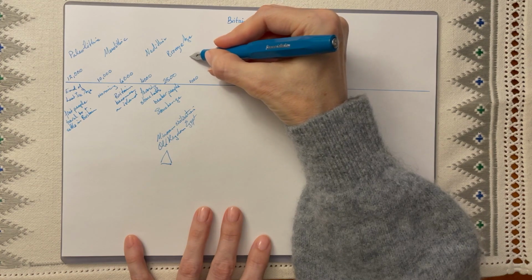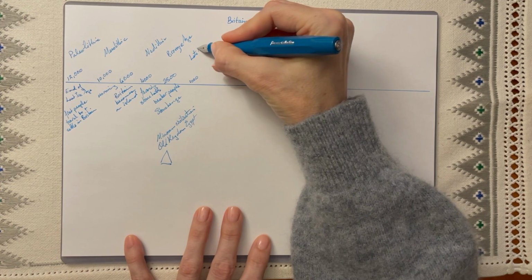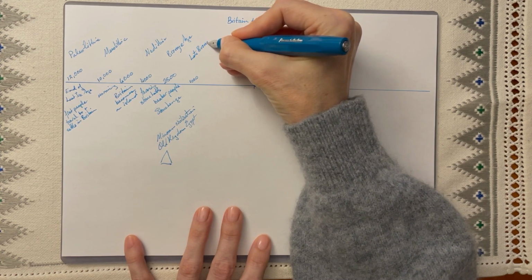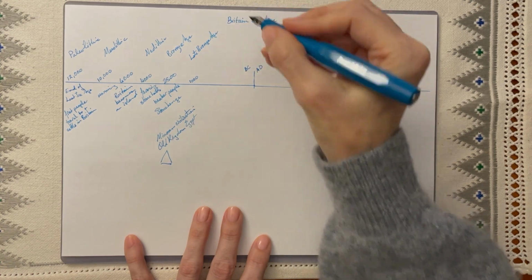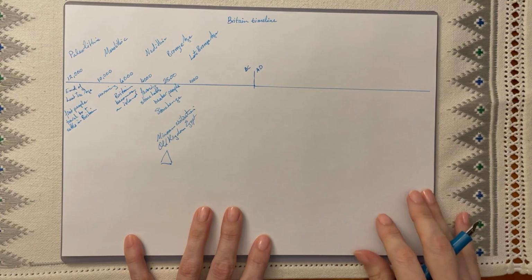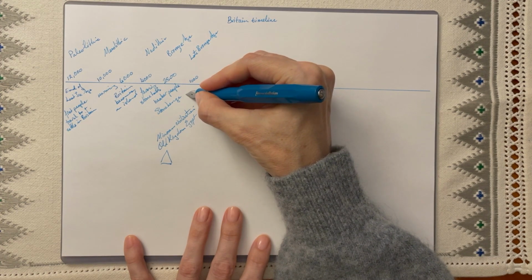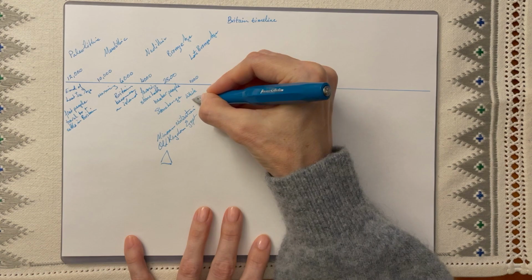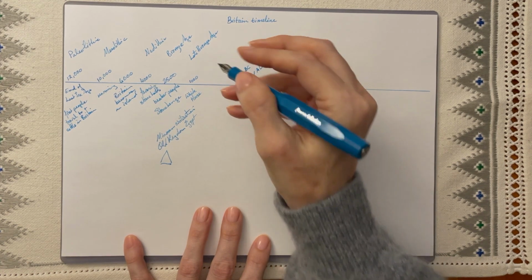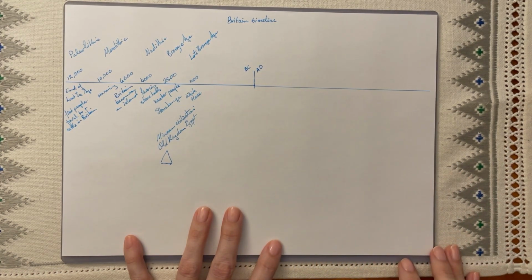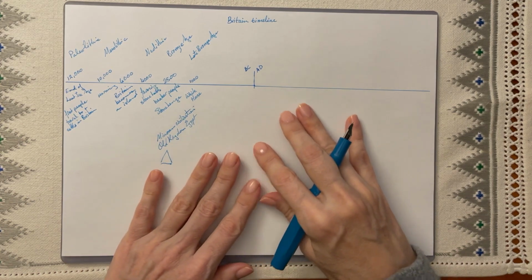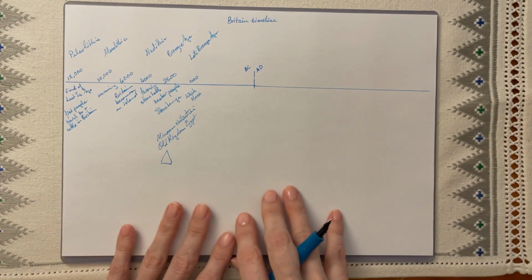BC. The Late Bronze Age, and the Uffington White Horse is carved into the side of a hill along the prehistoric Ridgeway.